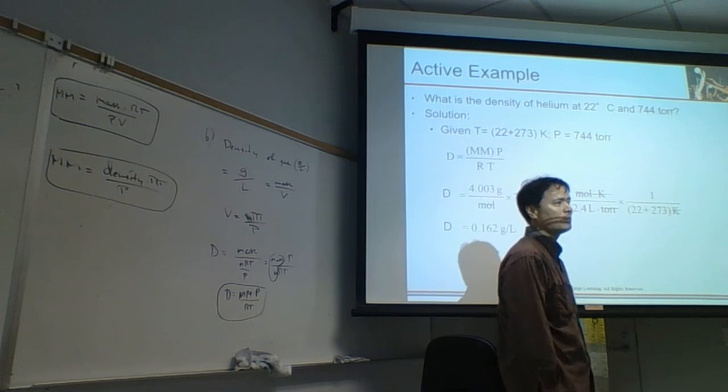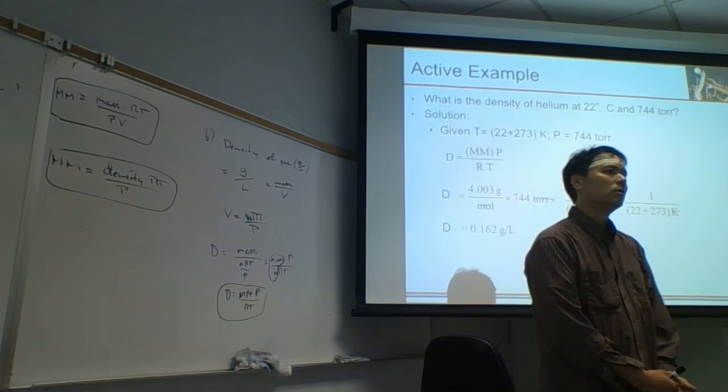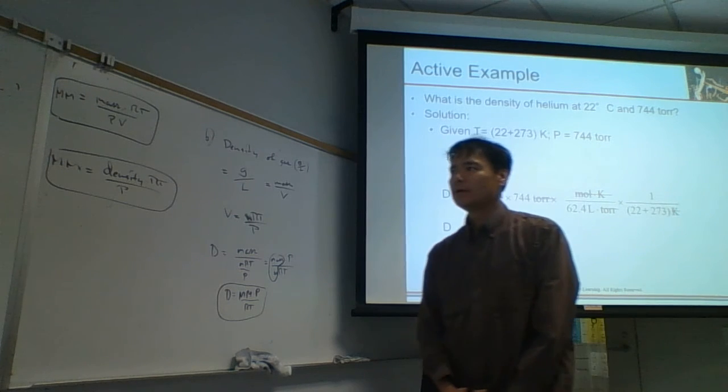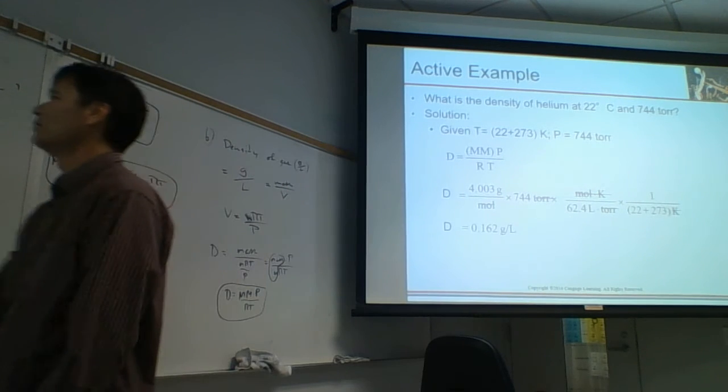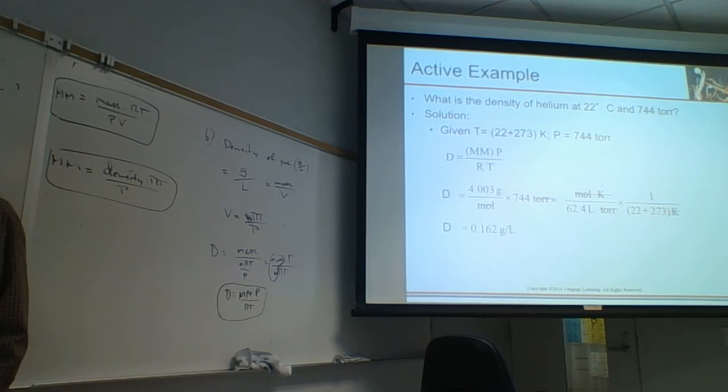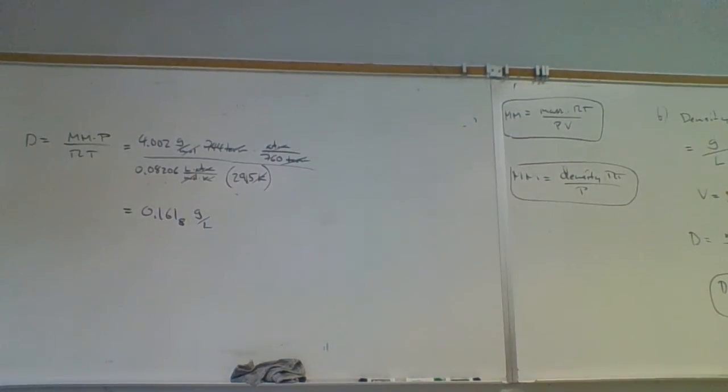How many different R's do you want to memorize? Just one. If we memorize just one R and then just convert the units to match that R, then we're okay. We don't have to memorize multiple R's. Just keep in mind your book likes to use different R's for different units. I like to use the same R for all problems and then just make sure all the units are converted.